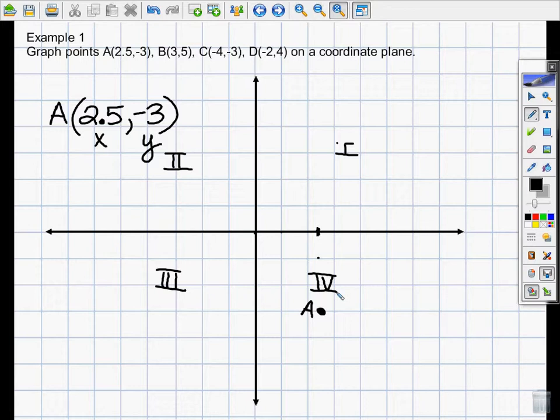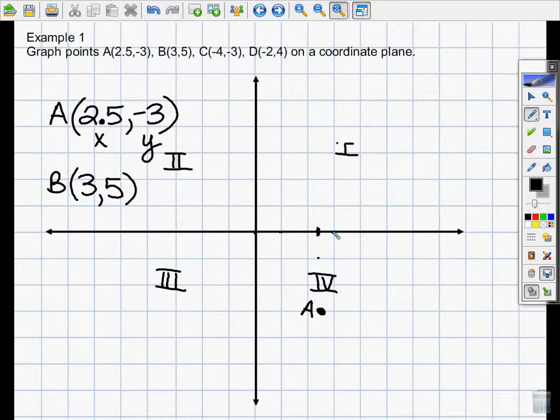Okay? Now I'll do one more with you, just to make sure you got it, and then you can try the other two on your own. So here's point B at (3, 5). So first thing you're going to do, start at the origin. Okay? Now we're going to go to positive 3 on the x-axis. 1, 2, here's positive 3. Okay?